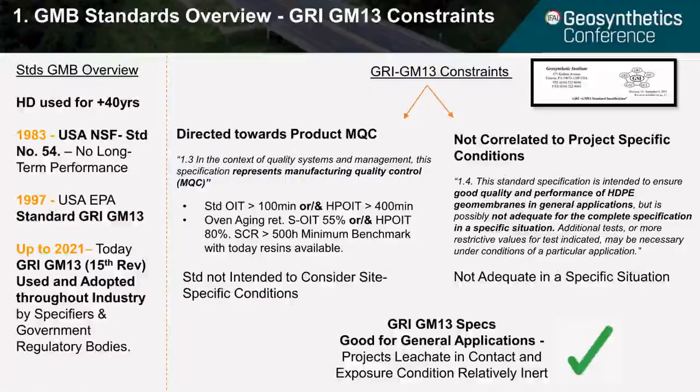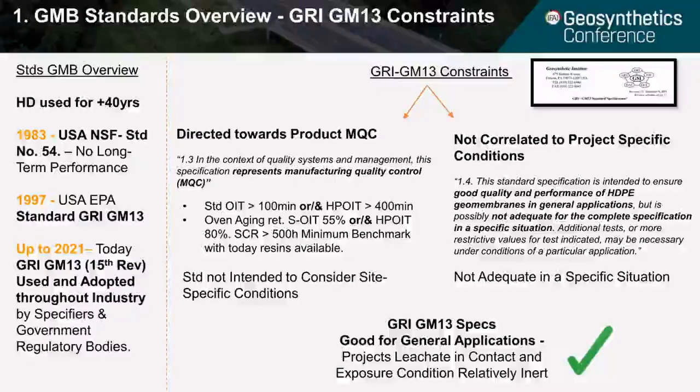High-density polyethylene geomembranes have been used as containment application barriers in geoenvironmental applications for more than 40 years. The first general specification available to support geomembrane engineering design was published in 1983 in the USA by the National Sanitation Foundation, standard number 54.